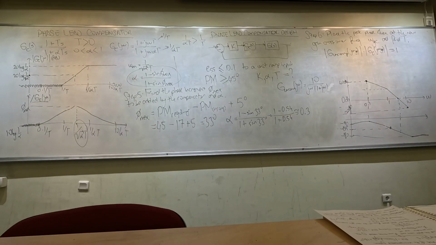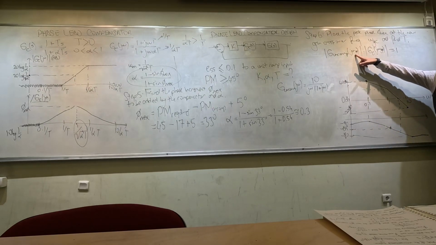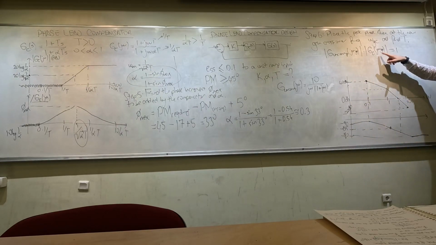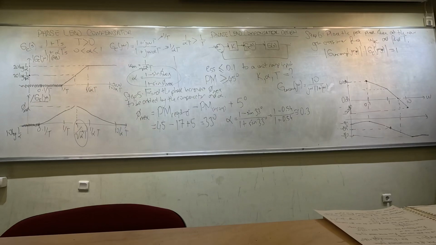So this magnitude and the compensator magnitude, their multiplication should be 1.